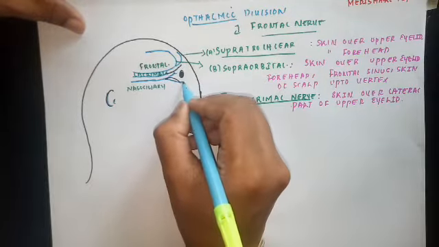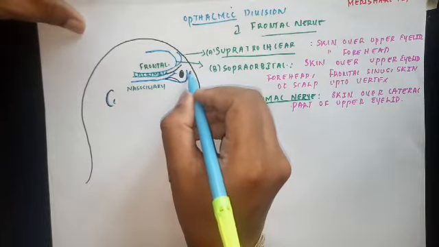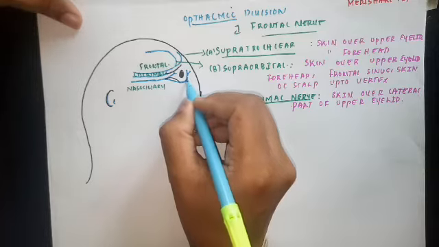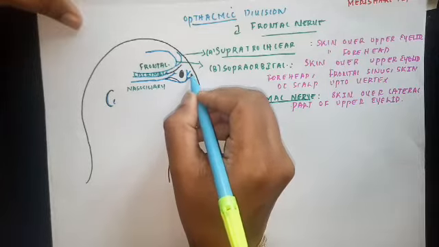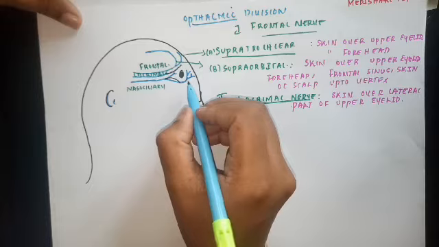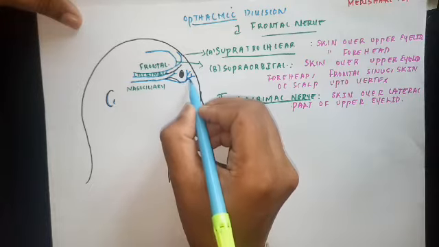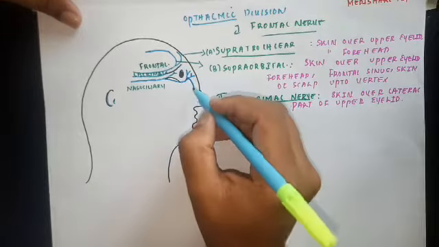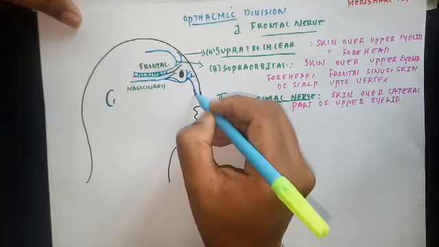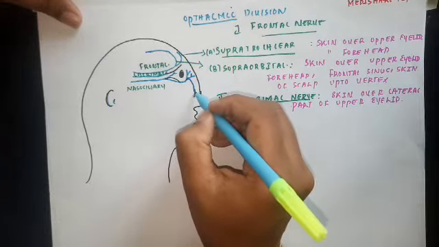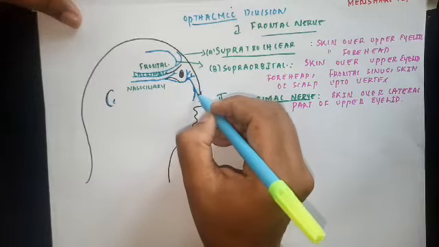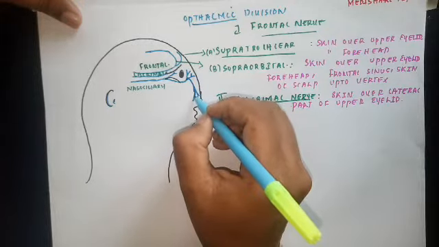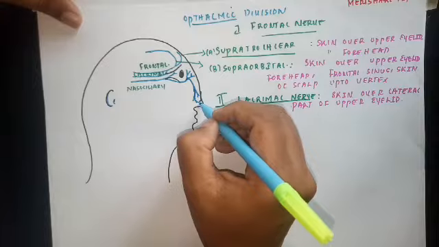Next it gives another branch, known as the infratrochlear nerve. After giving the infratrochlear branch, it gives a posterior ethmoidal nerve. Then it comes like this and gives out an anterior ethmoidal nerve. The anterior ethmoidal nerve divides into an internal nasal and an external nasal branch.